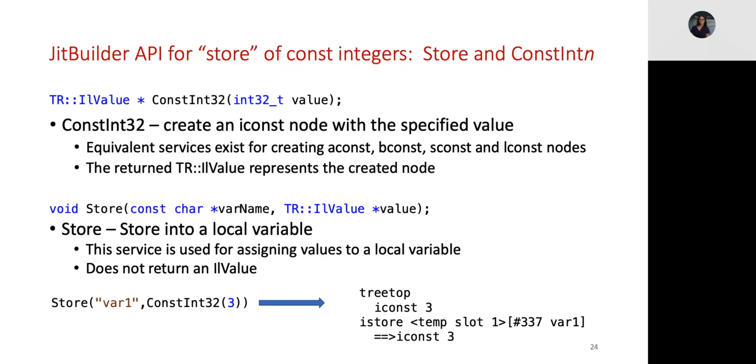And then we have the store service where you have to specify the variable name, which is probably something we generated earlier, and we specify the IL value to store. For that we use the return of calling the const int32 service. And below you can see an example of the IL that is generated.